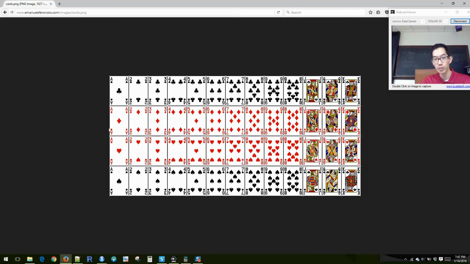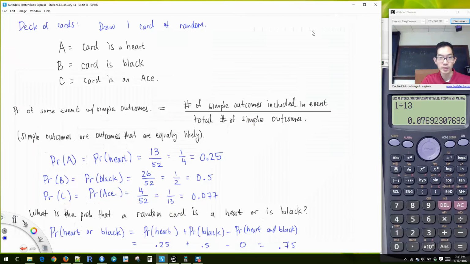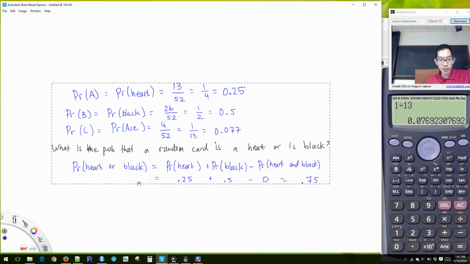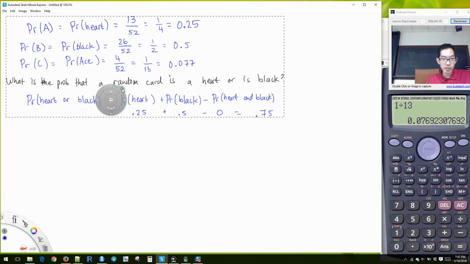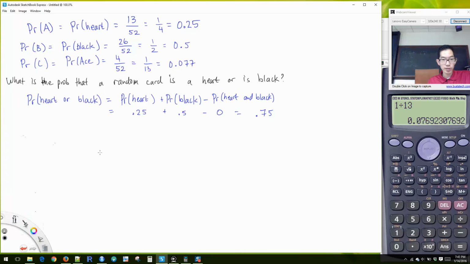If we count these up, there's 26 of them. And how many cards are aces? There's 4 that are aces. So that's how we got these values here. I'm copying over this part just for note's sake.